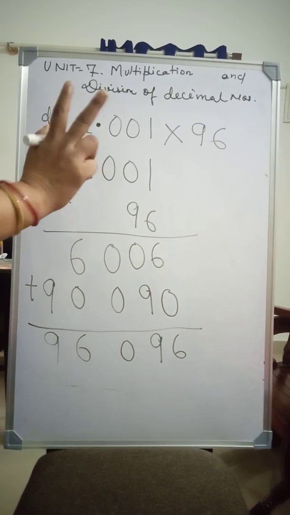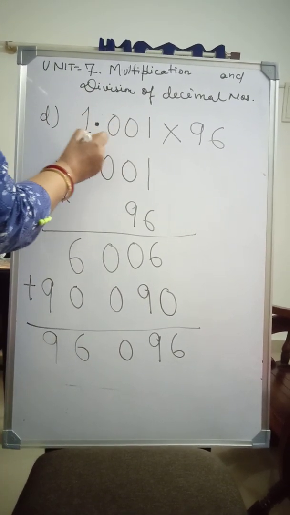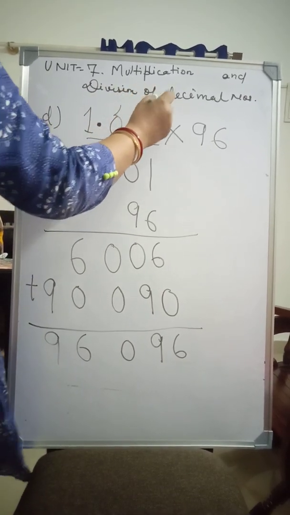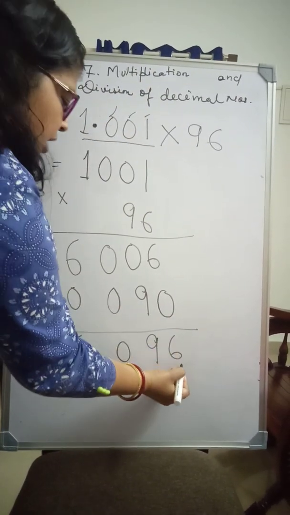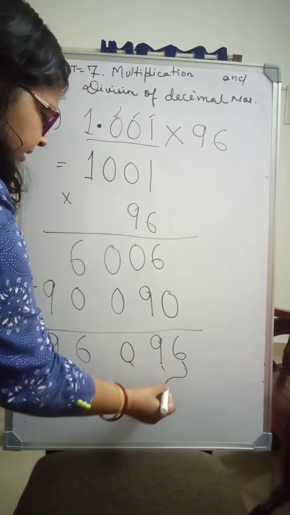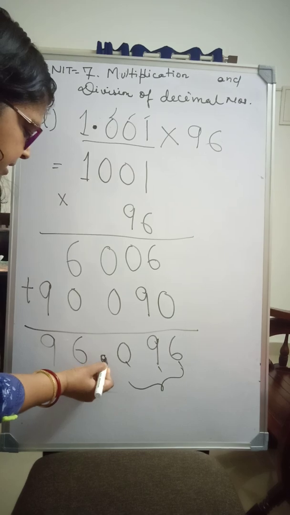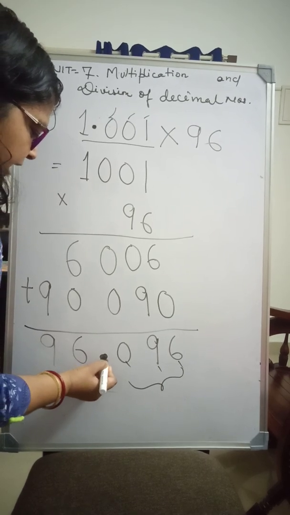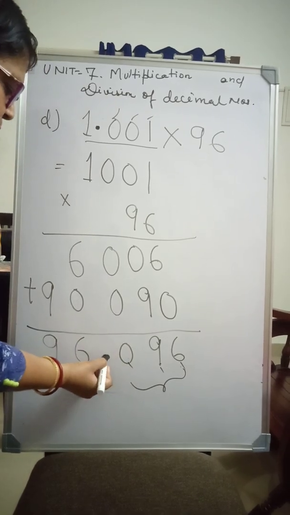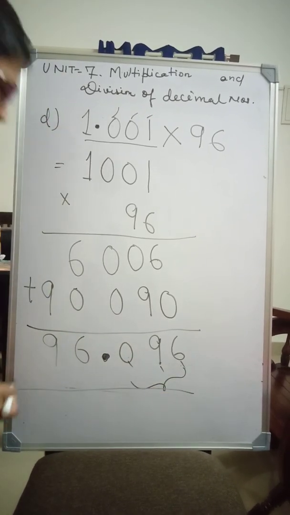Now the final stage. How many decimal places are there in this decimal number? 1, 2, 3. So in the product also count 3 digits, 1, 2, 3. After counting these 3 digits from right to left, we put the decimal point.